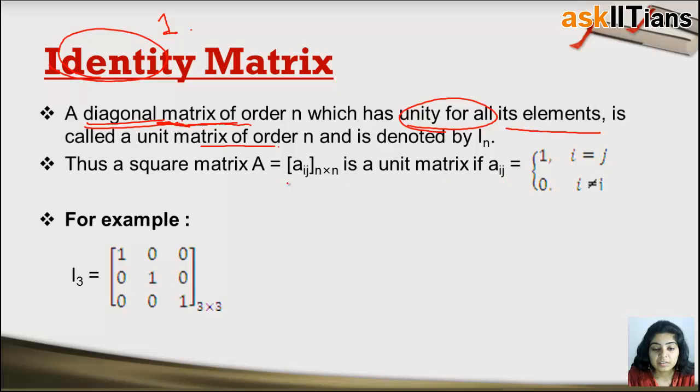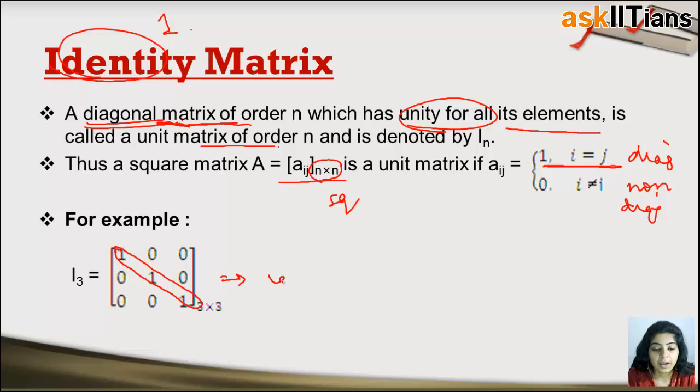That means a square matrix A is a unit matrix if aij is 1 for i equal to j, and 0 for i not equal to j, right? So we have an example, diagonal elements are 1, non-diagonal elements are 0. So this is an identity matrix of order 3 simply.